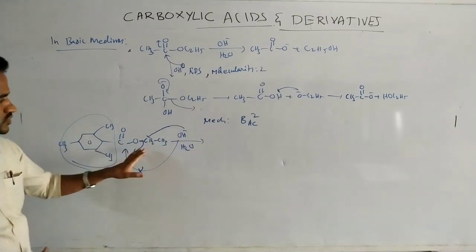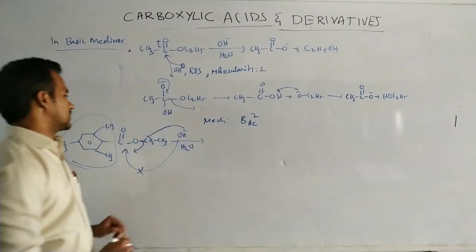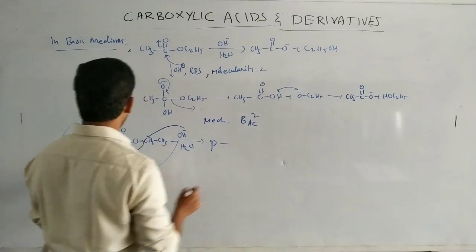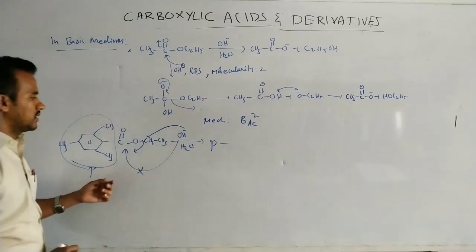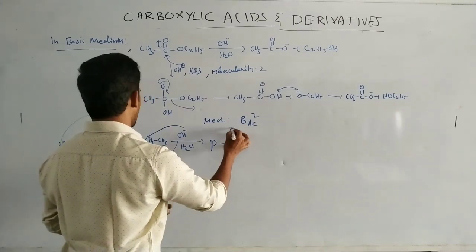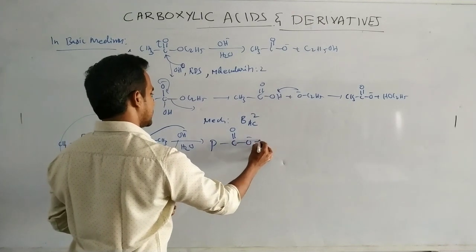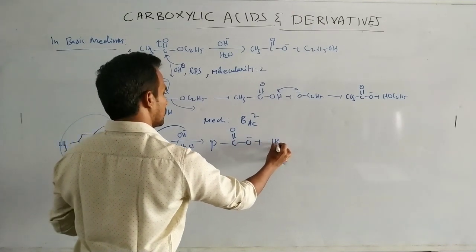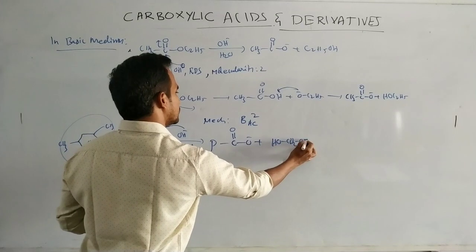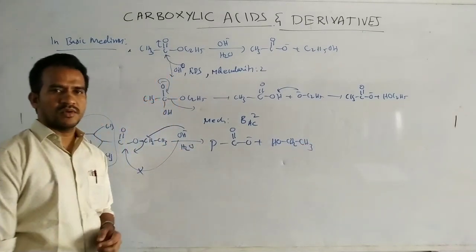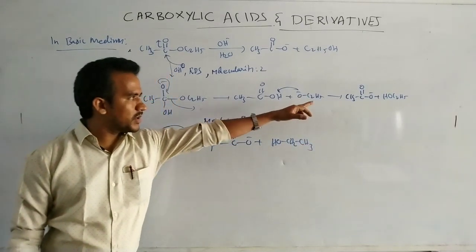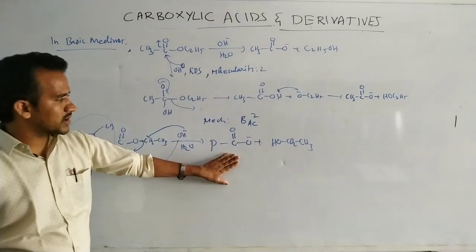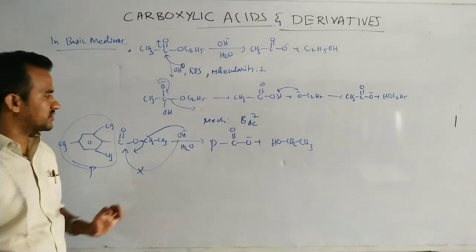So the OH minus nucleophile directly attacks the alkyl carbon. The products are the carboxylate ion, R-C=O O minus, plus the alcohol OH CH2CH3. Here also carboxylate ion and alcohol, but the mechanism is different.